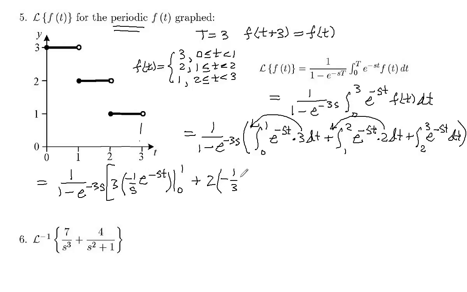Okay, and then the antiderivative here is the same, negative 1 over s, e to the negative st, but that one's evaluated from 1 to 2, and then plus, nothing to factor out here, so this will just be negative 1 over s, e to the negative st, and that guy's evaluated from 2 to 3.